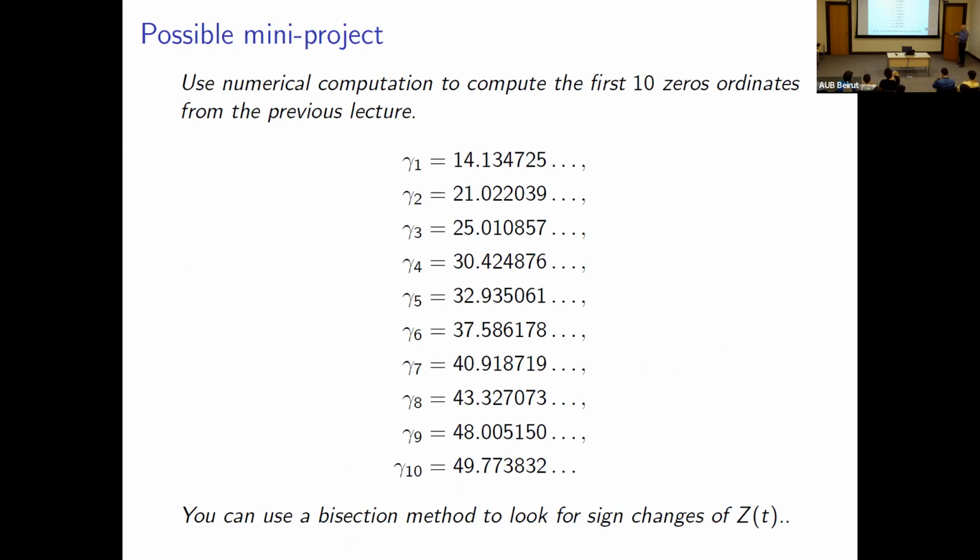But here we're looking at a t which is less than 200. So you can use maybe Euler-Maclaurin and think about how many correction terms you want to do. And then once you want to actually locate sign changes, you can just use a simple bisection method, right? Successively zooming in on the interval where the sign change happens.